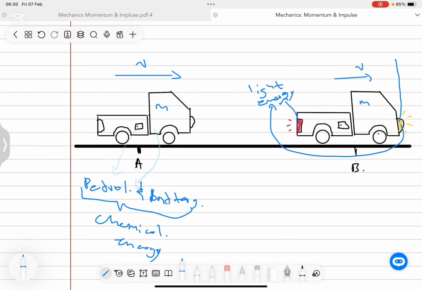That means some of the chemical energy will be converted to electrical energy. And the fact that the car is actually moving, it has the mass and the velocity, tells me that this combination also gives me the kinetic energy.